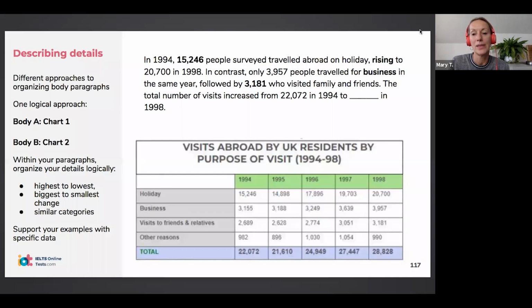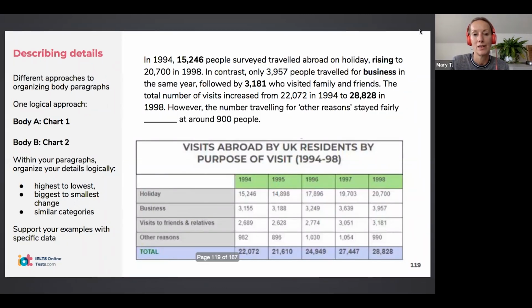Okay, and then we jump a row and go to the end looking at the total. So the total number of visits increased from 22,072 in 1994 to what? Yes, Maria, good. Most of you've got that. 28,828 in 1998, that's right. Okay, and then the one piece of information that's missed out, you can put in here.